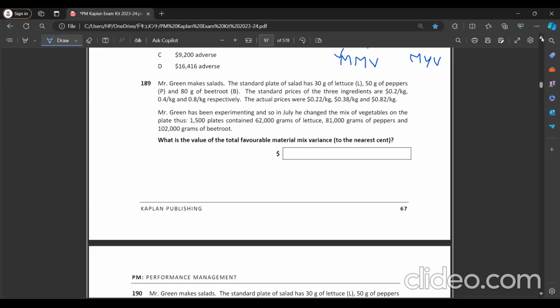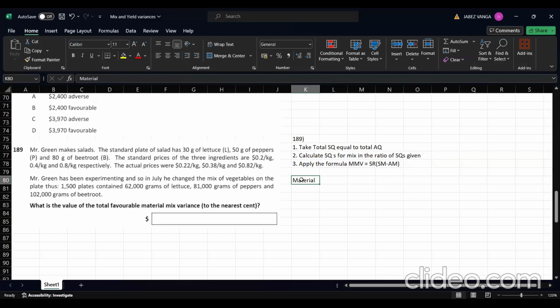Okay, let's go to the Excel sheet. There are three ingredients that are used: lettuce, then pepper, and beetroot.